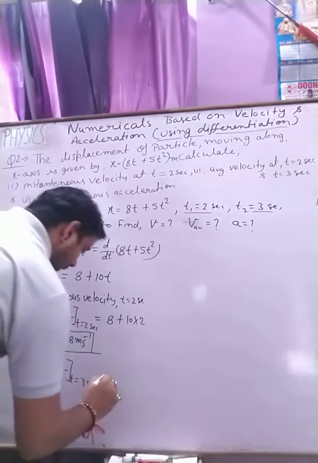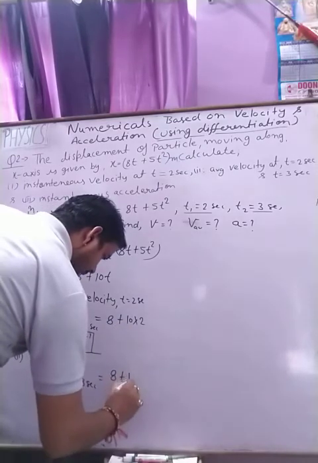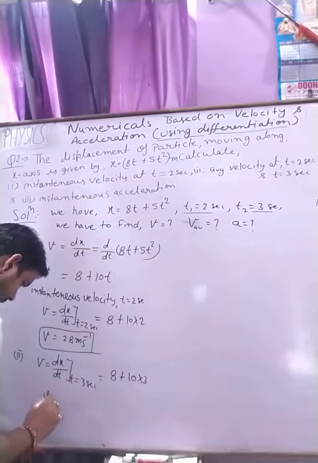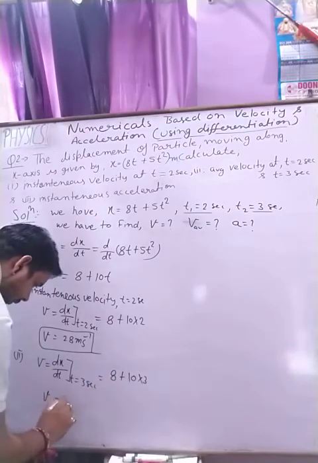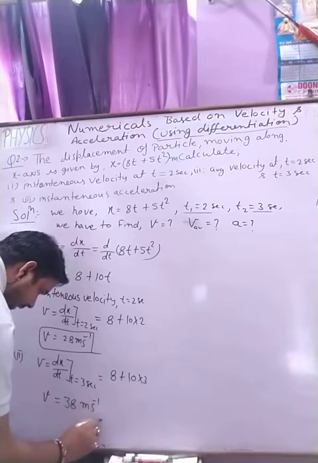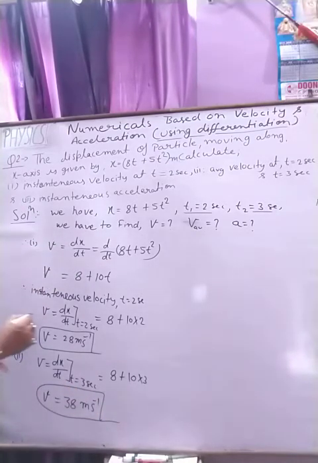Therefore we have 8 plus 10 into 3. This we get velocity is equal to 38 meter per second. This is v1 and this is v2.